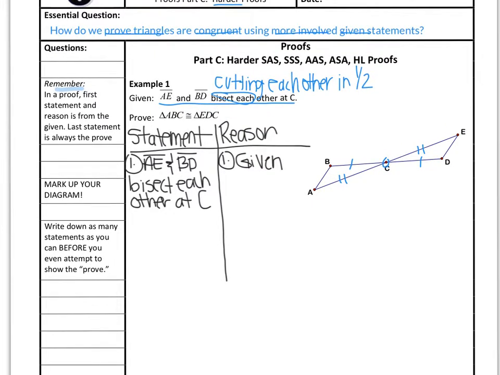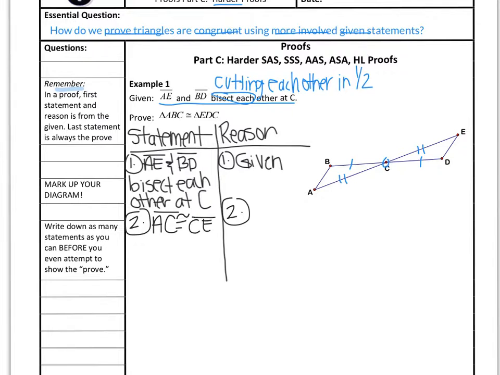So we can come up with our second statement here. Because of our bisector given, we can say that AC is congruent to CE.